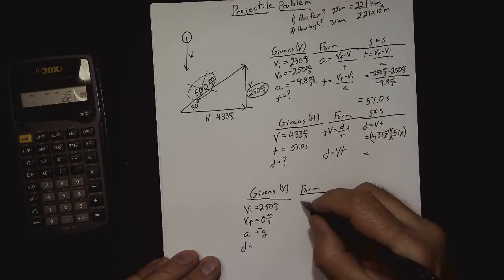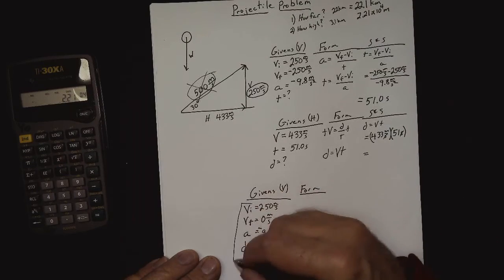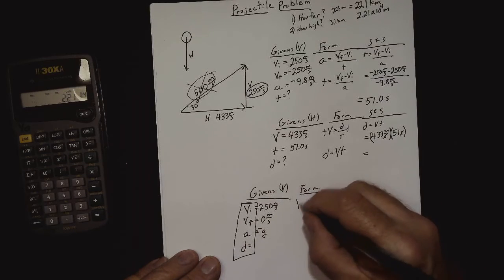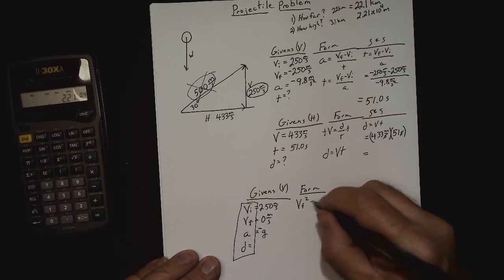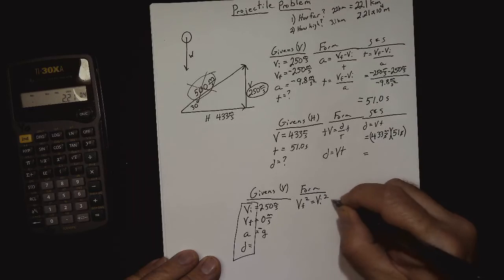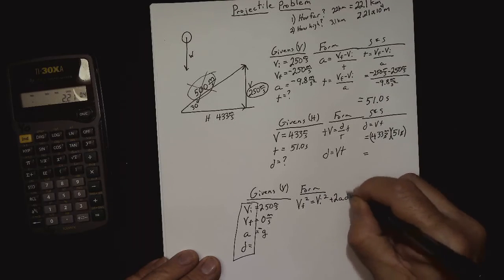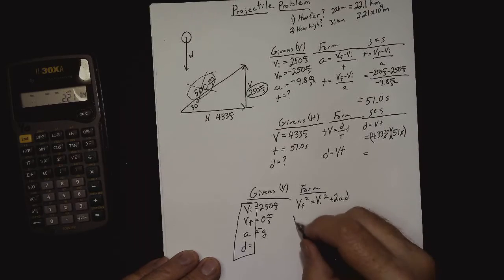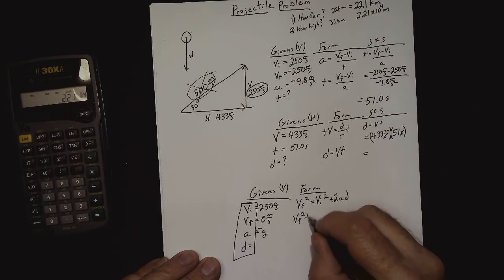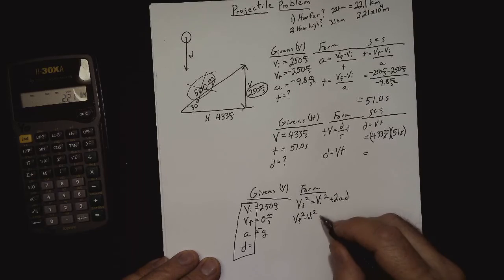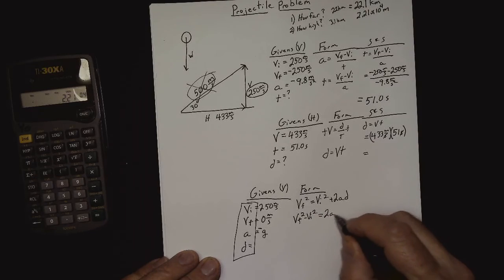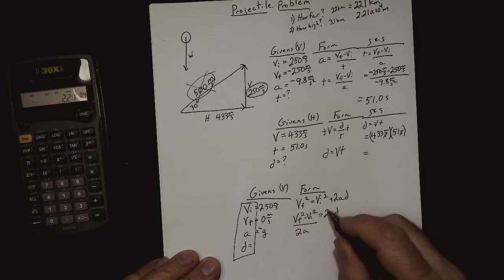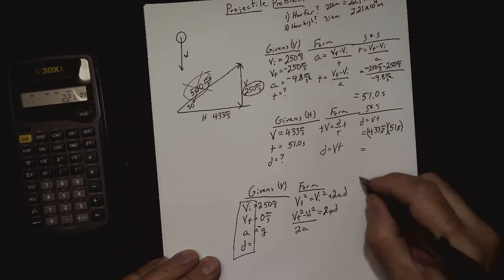Well, how about we look in, and what is a formula that relates to these? And after you fuss for a little bit, you'll find VF squared equals VI squared plus 2AD. Okay, so we're solving this for D. So VF squared minus VI squared equals 2AD. So just divide the 2A over, and that leaves you D.